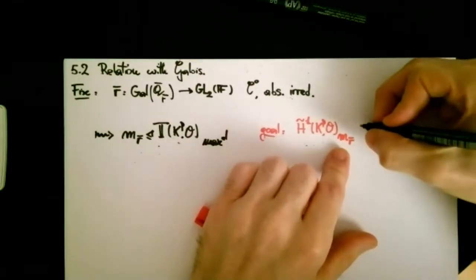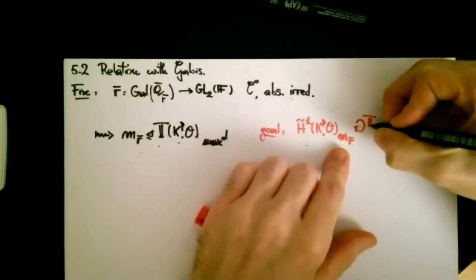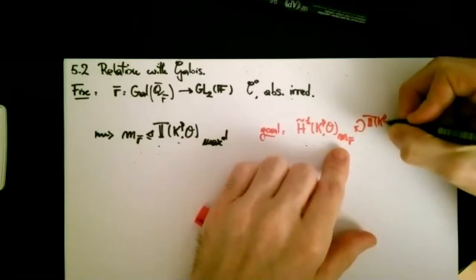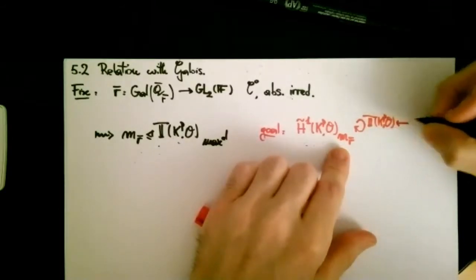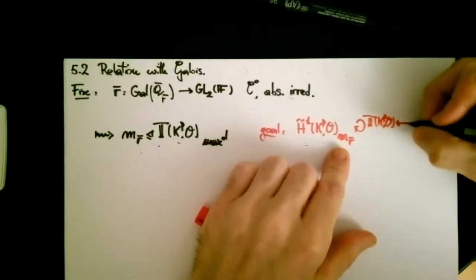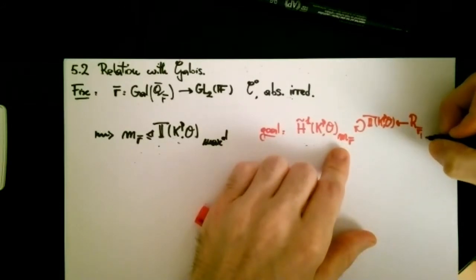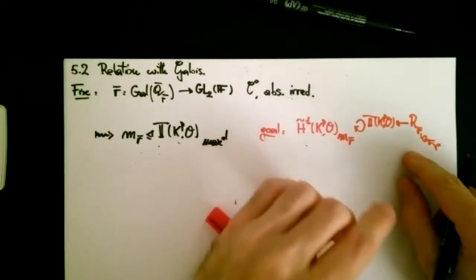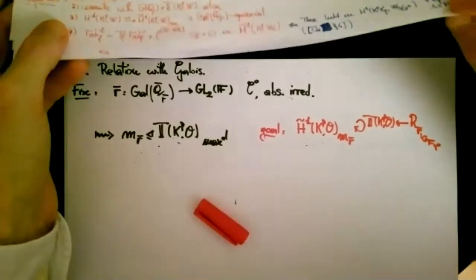This has the action, of course, of the Hecke algebra that I mentioned before, but we would like to construct a map from an appropriate local Galois deformation ring. We want to construct this map.